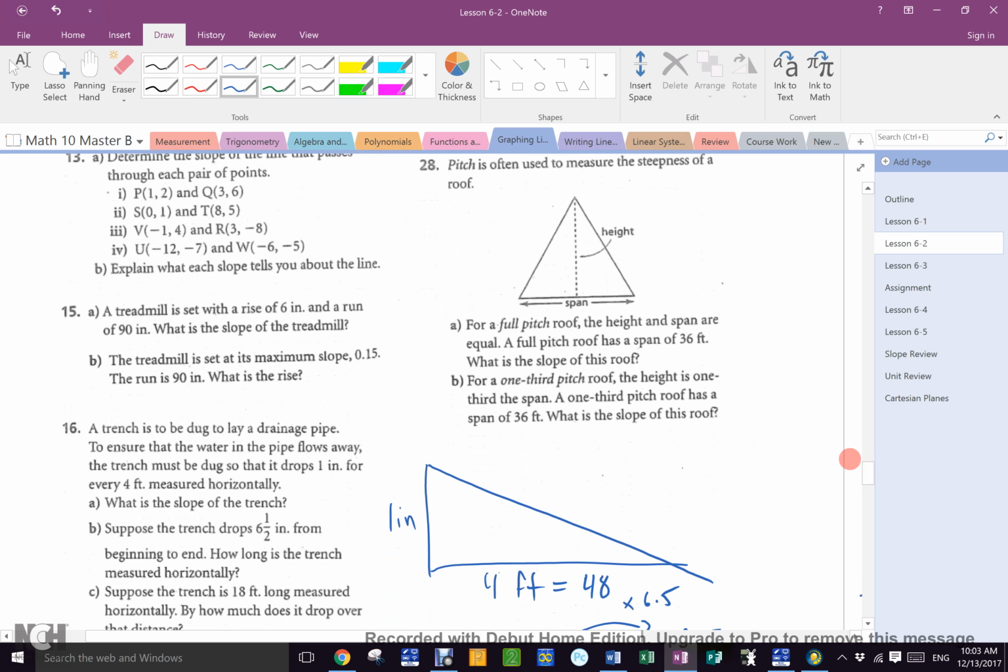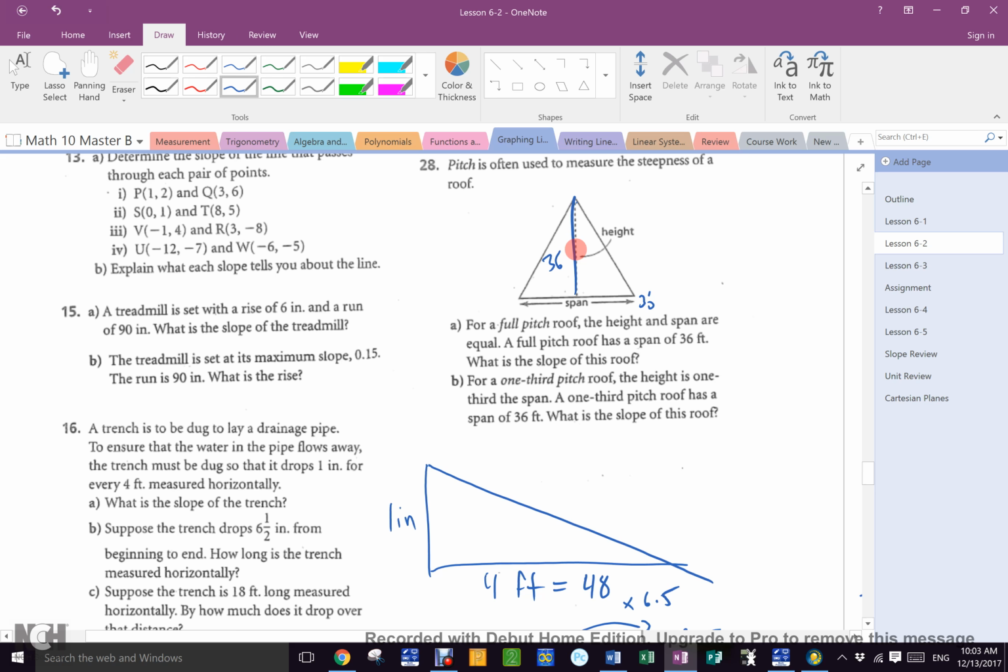28B. All right. So for a full pitch roof, this and this are equal, right? Agreed? All right. So a full pitch roof has a span of 36, right? Which means if this is 36, how tall is that? 36. Agreed?